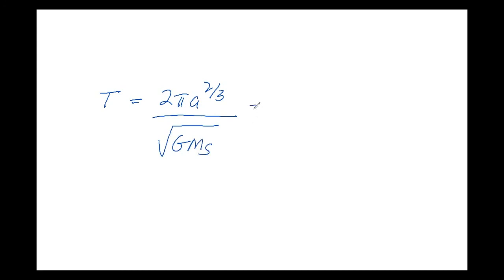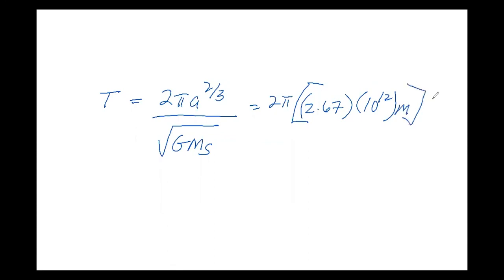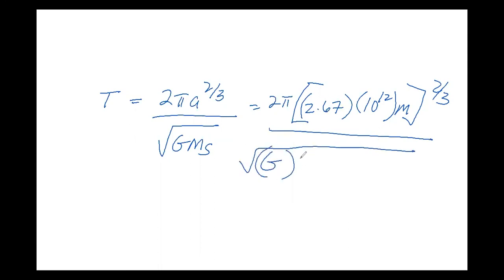So we're going to get 2 pi times 2.67 times 10 to the 12th meters to the 3/2 divided by the square root of G times the mass of the sun, which is 1.99 times 10 to the 30th kg.